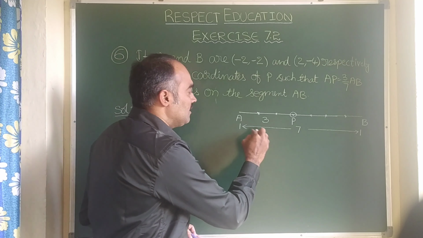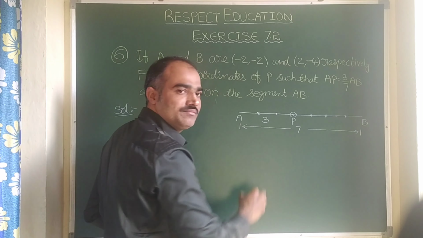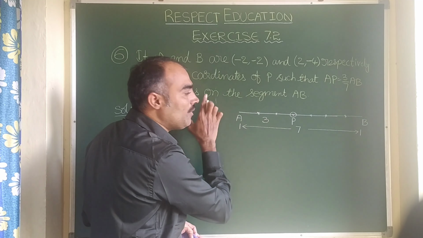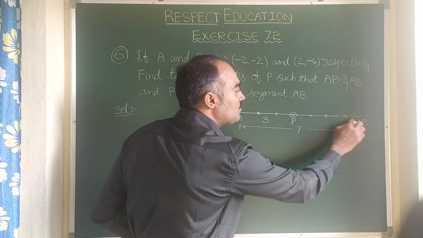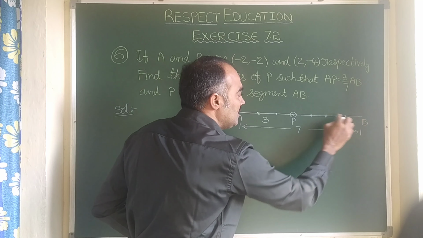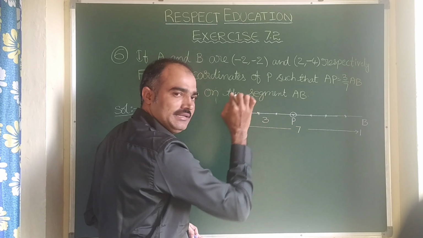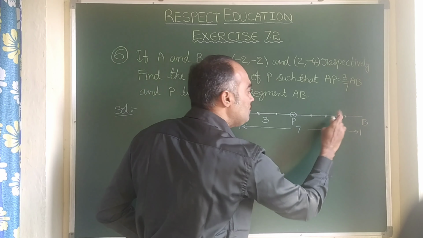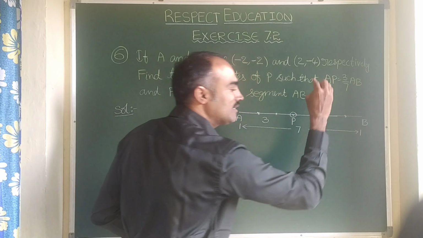Now, total there are 7 parts. In that we have taken 3 parts. Then how many parts are left over? Let us count 1, 2, 3, 4. That means if A to P is 3, then definitely P to B is 4. That is required for us.